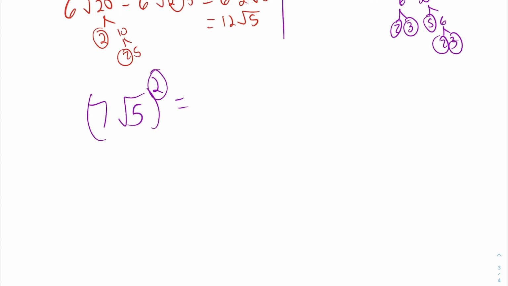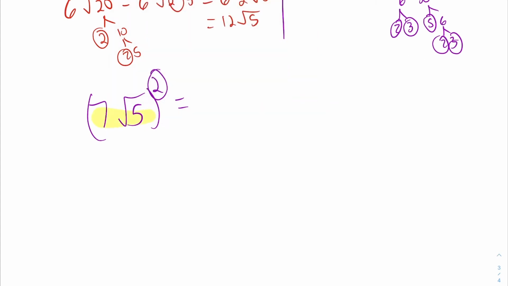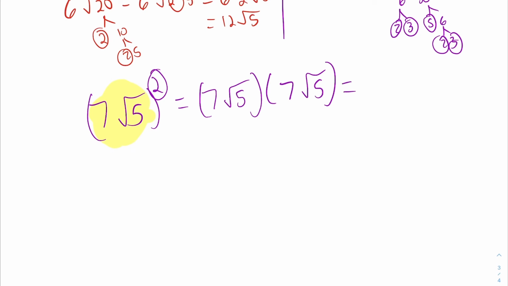Since you have an exponent outside of here, that means that everything inside this parentheses is grouped together. So what we can do is we can take everything in the parentheses and write it, and then we're going to write it again. Since we're squaring it, that means we just need to write it multiplying it by itself twice. Then you can do the 7 times the 7 and the square root of 5 times the square root of 5.